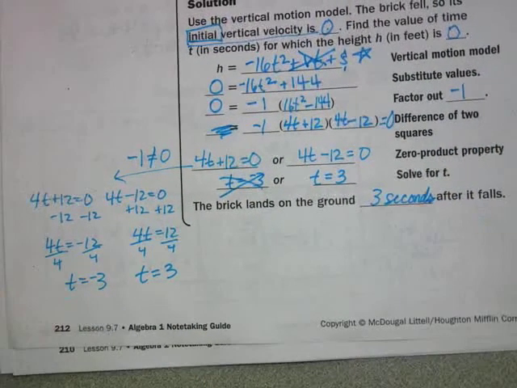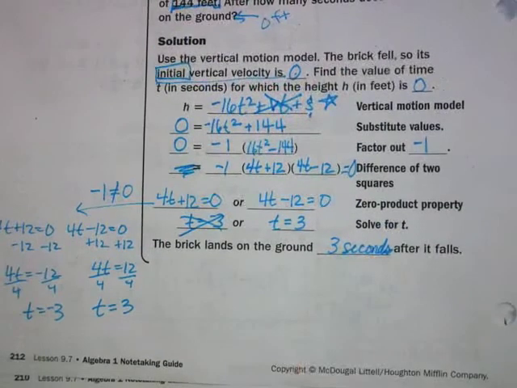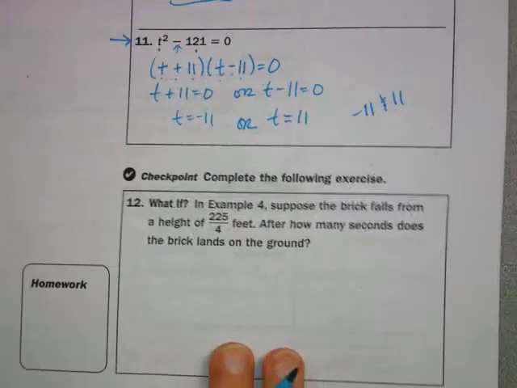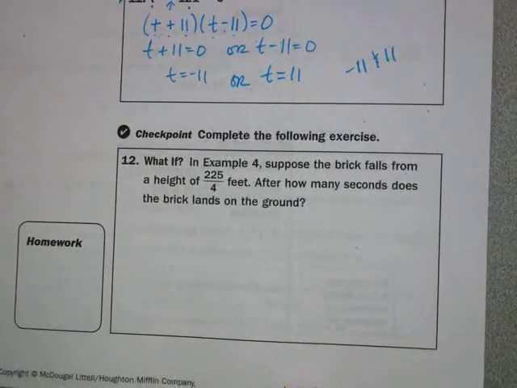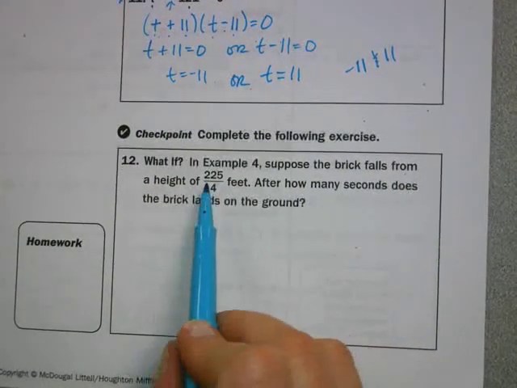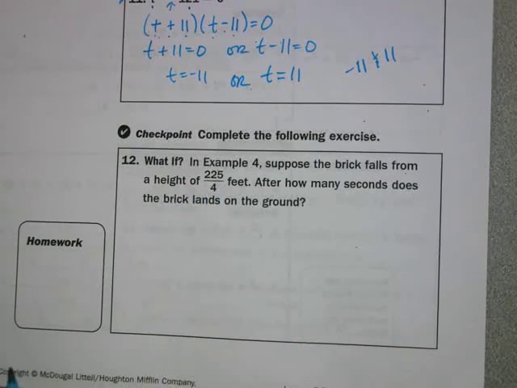Okay, so over here on number 12, it says, what if, in example 4, the one we just did, suppose the brick falls from a height of 225 over 4 feet. After how many seconds does the brick land on the ground? So instead of the 144, we're going to plug that in to our model here.